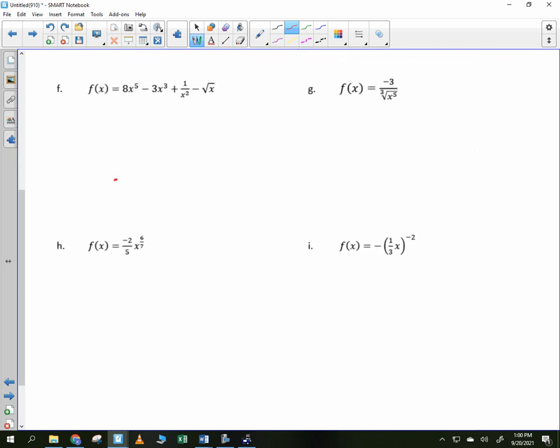What's different about letter F? You got the fraction and the rest. Yeah, so what we have to do is write it as an exponent. So I'm first going to write it as f of x is equal to 8x to the 5th minus 3x cubed. Anybody know how I'm going to write 1 over x squared?